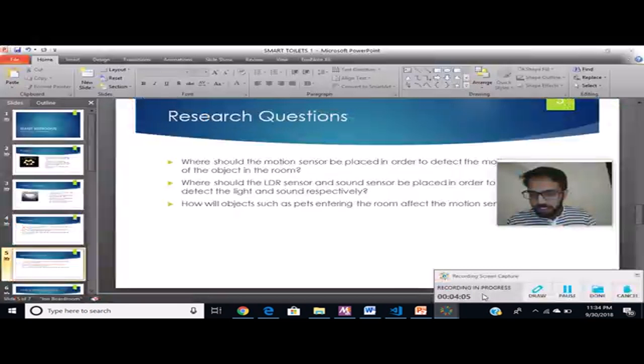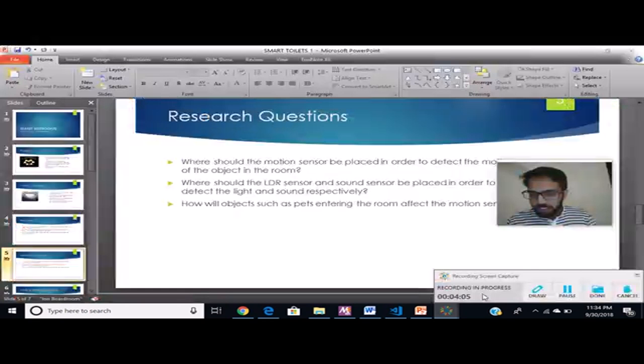We have decided to make a system which will consist of an Arduino, a PIR motion sensor, a photosensitive LDR sensor, and a sound sensor. It will be set up in such a way that when someone enters the room, the motion sensor on the top of the door will detect the motion of somebody entering and will make the light go on.